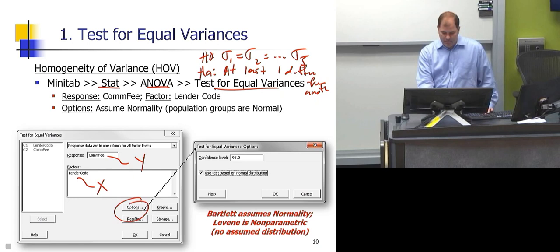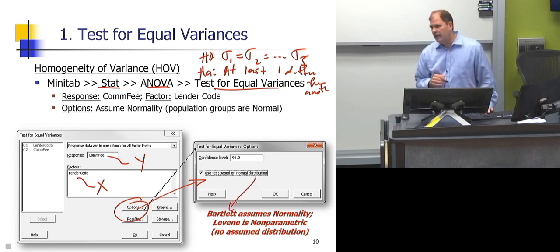Under the options command, I'm going to ask you to check the box that says use test based on normal. This is going to give you a Bartlett. If you run this test and you do not check normal, Minitab is going to return the Levene for you. Rarely will they give you a different conclusion, but they'll certainly give you a different p-value.